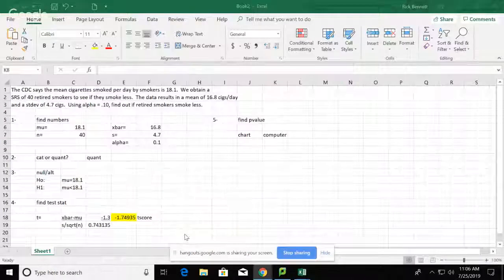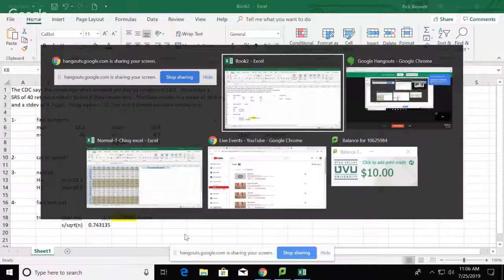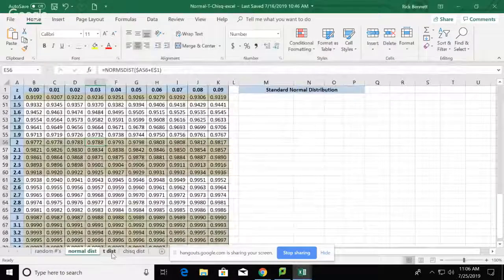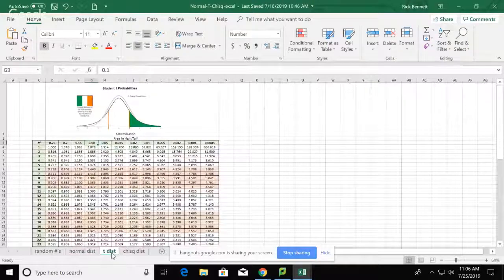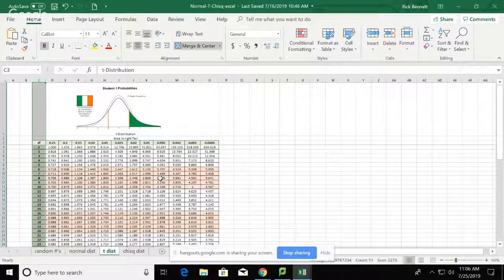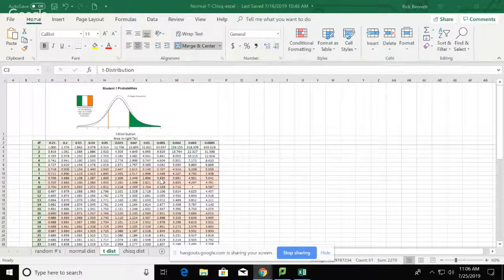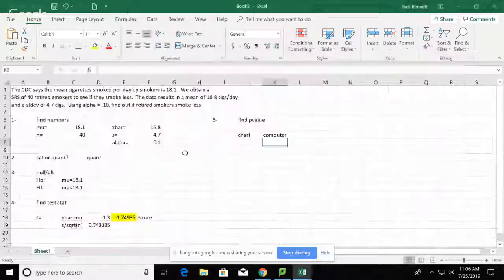Let's look at the chart first, because that one's going to be the harder one and the not fun one. This is what it looks like, student T probabilities. It looks just like the one on page 699. In column C, I've got your degrees of freedom.